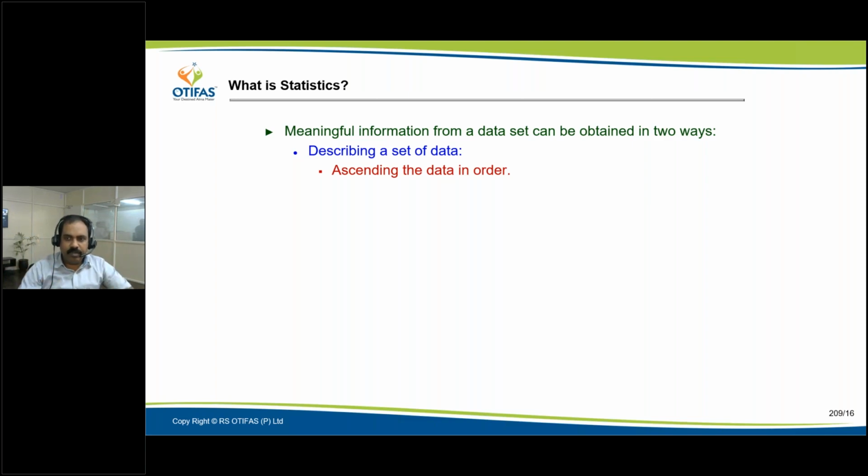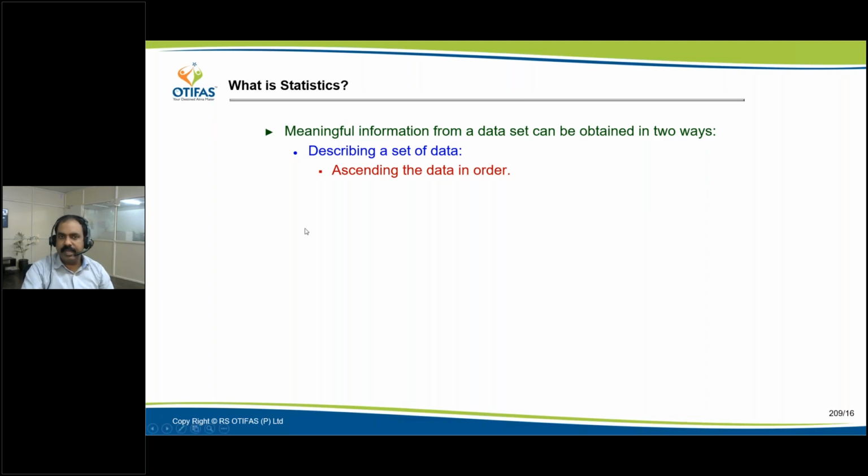What are the three pieces of information you immediately get when you make it ascending order? You get the lowest value, you get the highest value, and you also get the middle value. So any data you get, first and foremost, try to make it ascending. In ascending order itself, you get three pieces of information straight away: minimum, maximum, and middle trend. Okay.